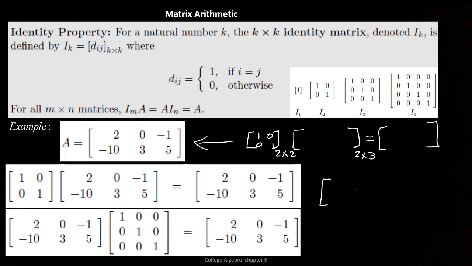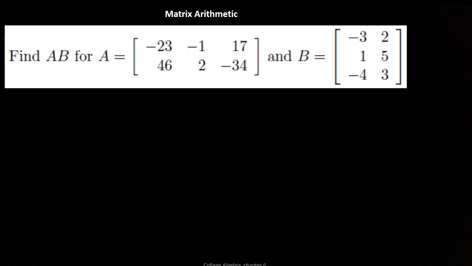But if I want to do it on the right, remember this is 2 by 3, so the I that works has to be 3 by 3 to get the same matrix back. You're going to have 0 everywhere else. So that's the idea of I, an identity element in matrices.